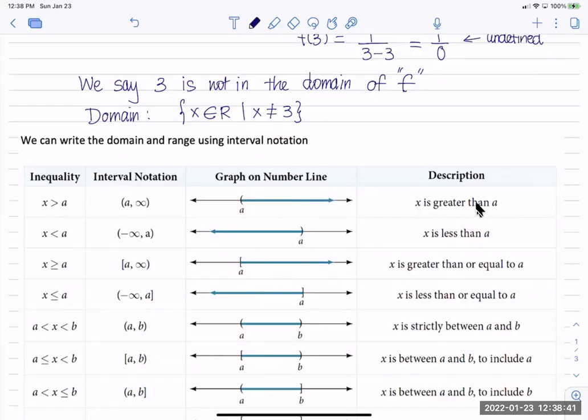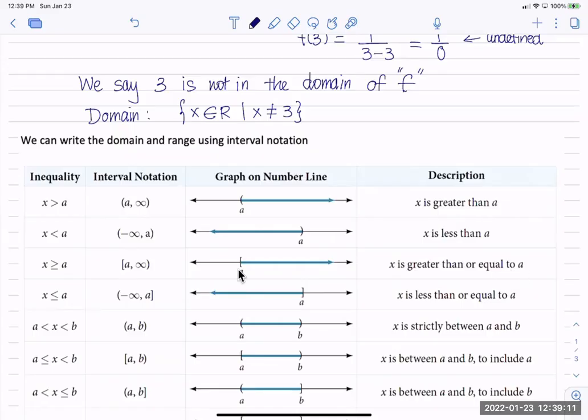If x is greater than a, then the notation goes, on the number line, from a and everything above, because the problem just says greater than. So it's cut off at a and everything to the right. But for the third one, I have x is greater than or equal to a.